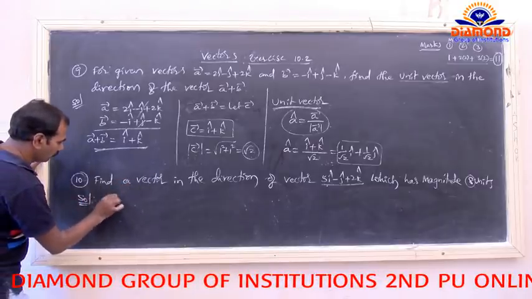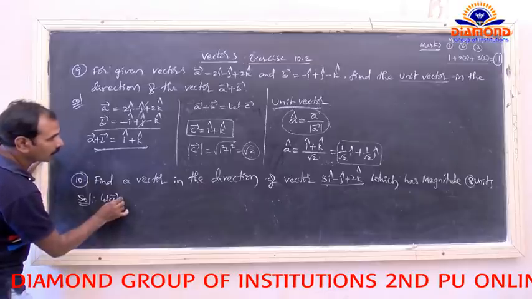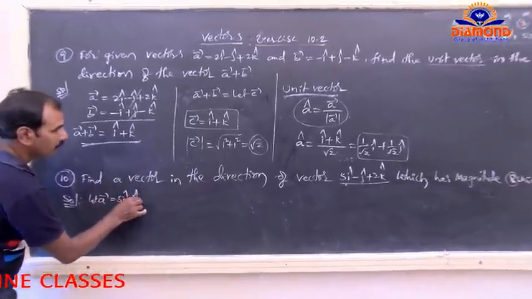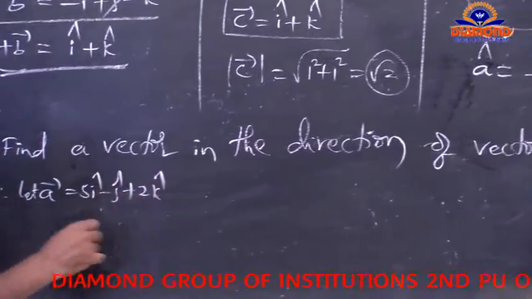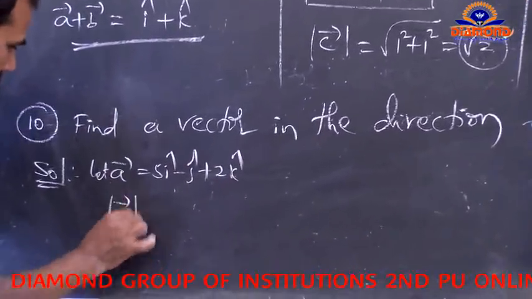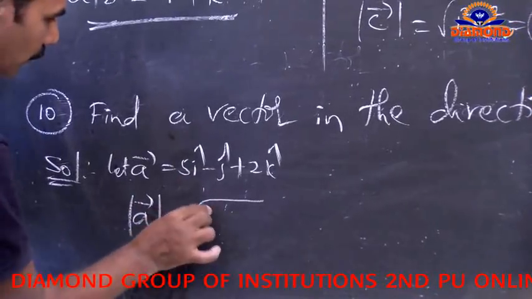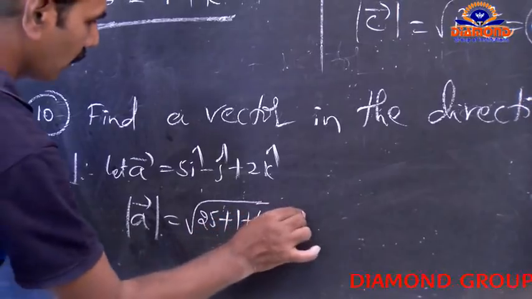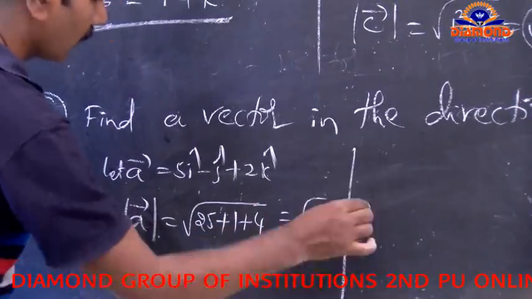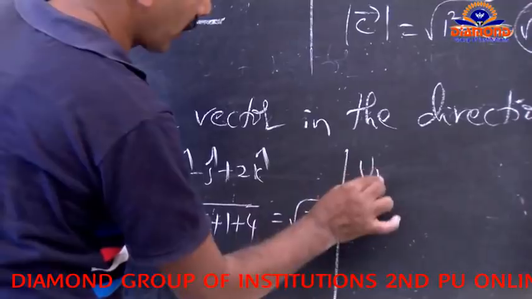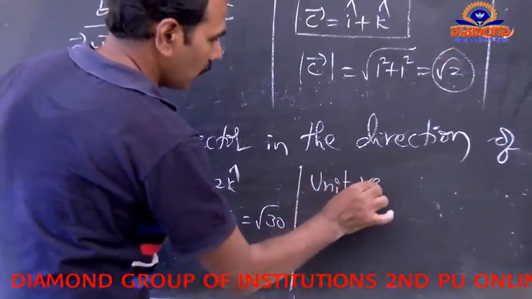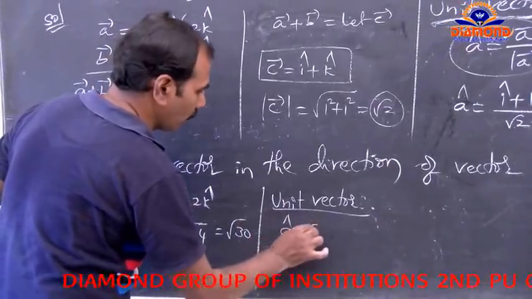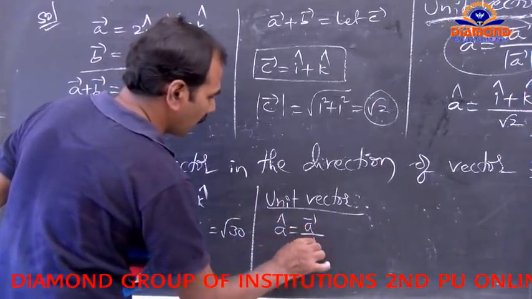Let a vector equal 5 i cap minus j cap plus 2 k cap. So the magnitude is square root of 25 plus 1 plus 4, which is nothing but square root of 30. Unit vector formula: a cap equal to a bar divided by magnitude of a.